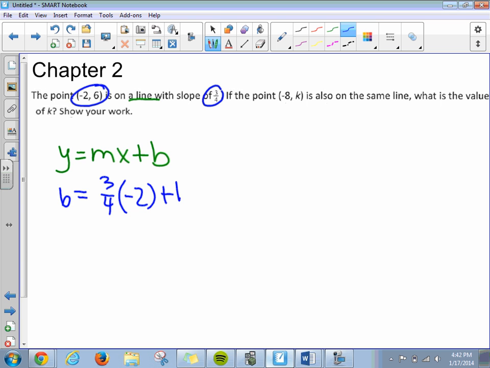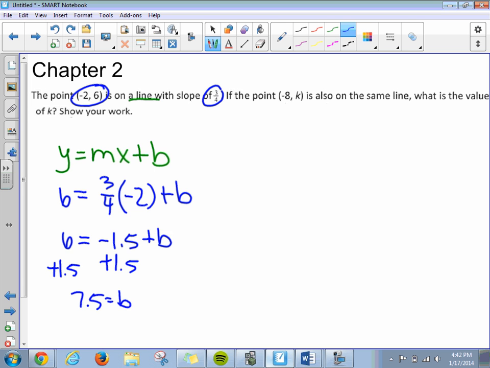But we don't know what b is, and we're going to need to know what b is in order to find our point later. So we have 6 equals -6 divided by 4, which is really just -1.5, plus b. So I'm going to take that 1.5 and add it to both sides in order to solve for b. So we're looking at 7.5 equals b.